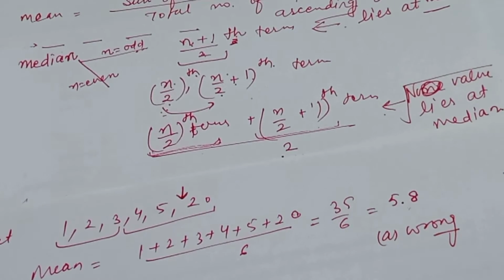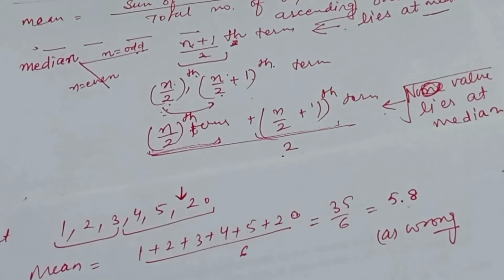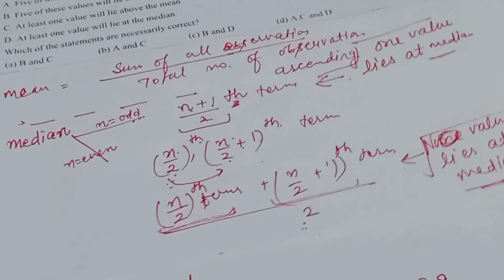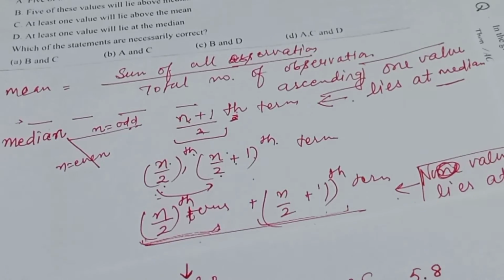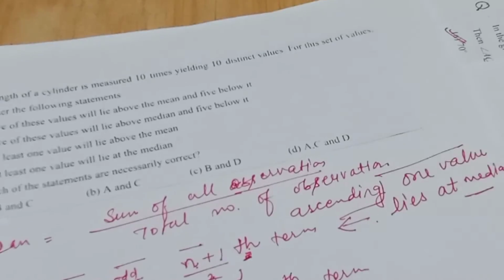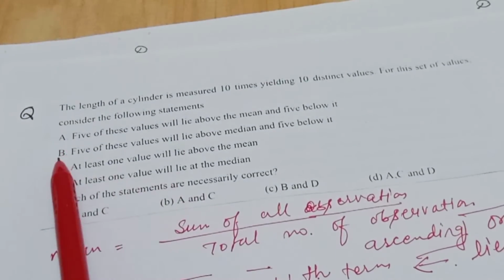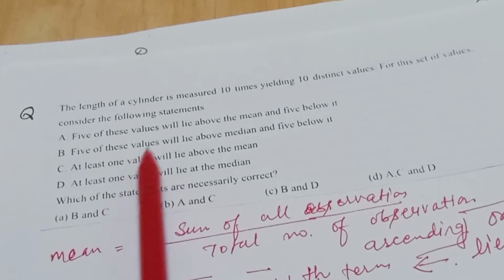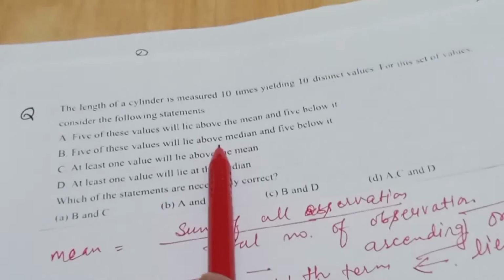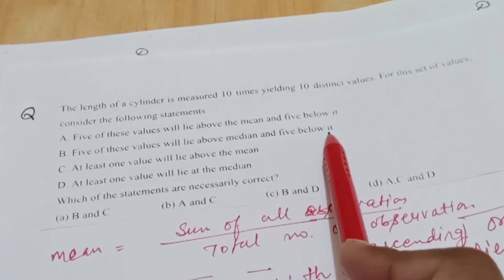Let us check the remaining options. Option B: 5 of these values will lie above the median and 5 below it.